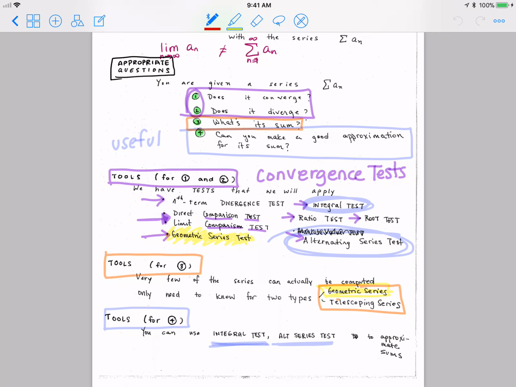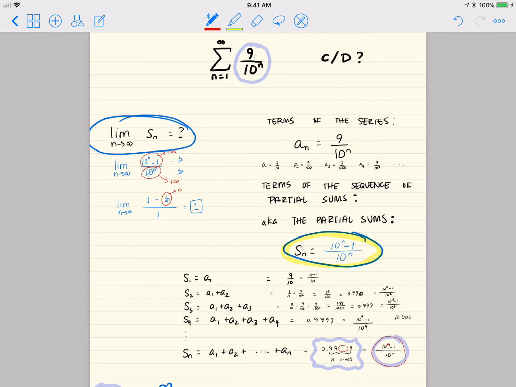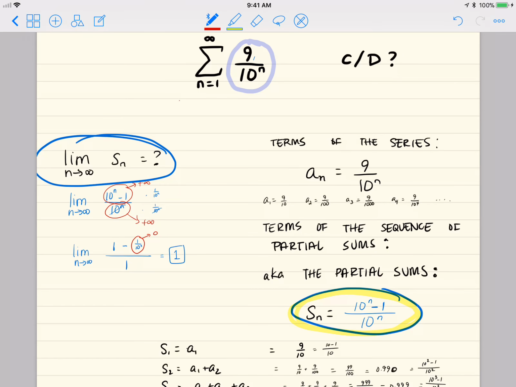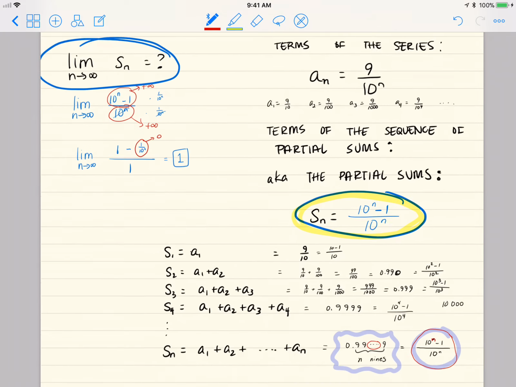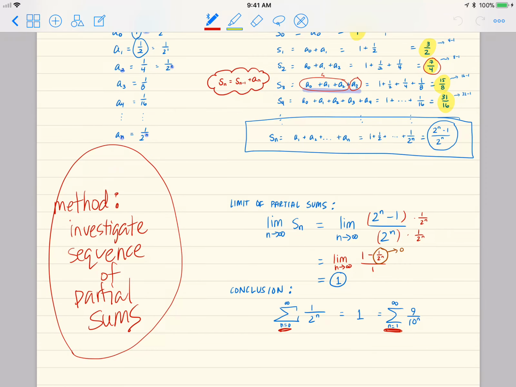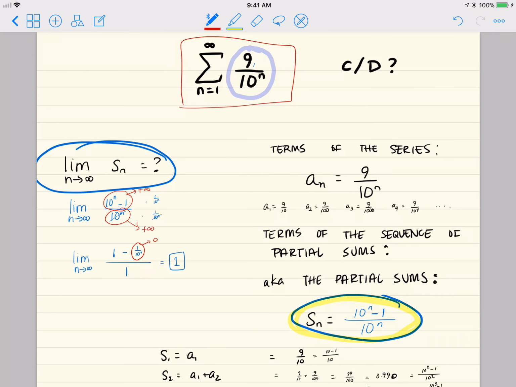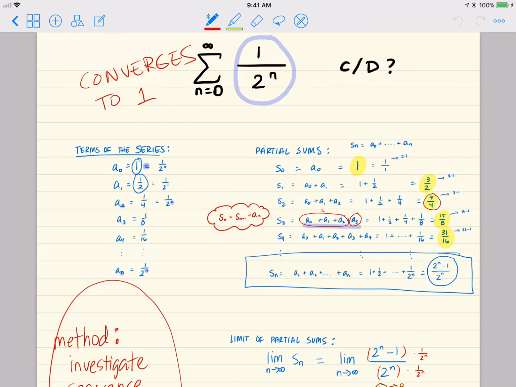So if we have some tests that are quicker, we want to be able to use those tests. So each time we encounter a geometric series, we don't want to investigate the sequence of partial sums if there's a quick formula we can use, right? If we can handle all cases of geometric series at once, that's a time saver. So that's the motivation for having different tests.